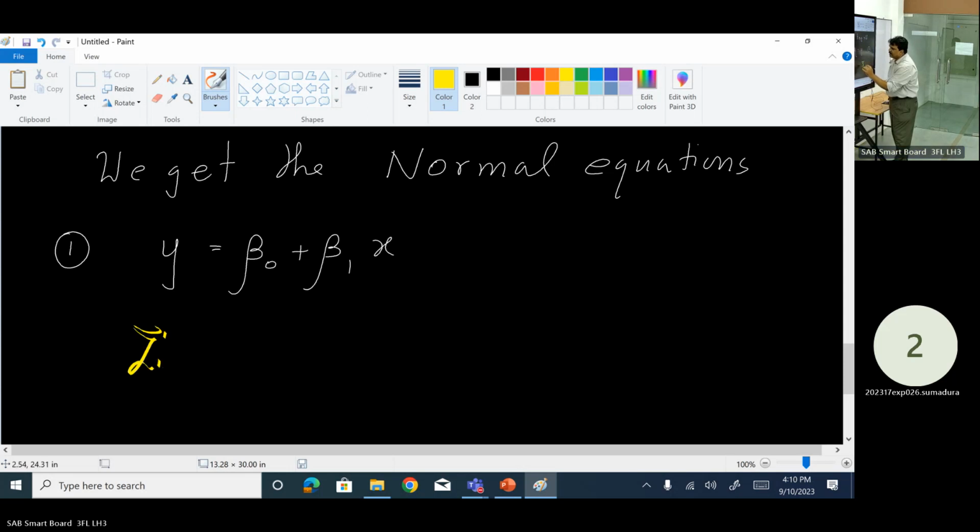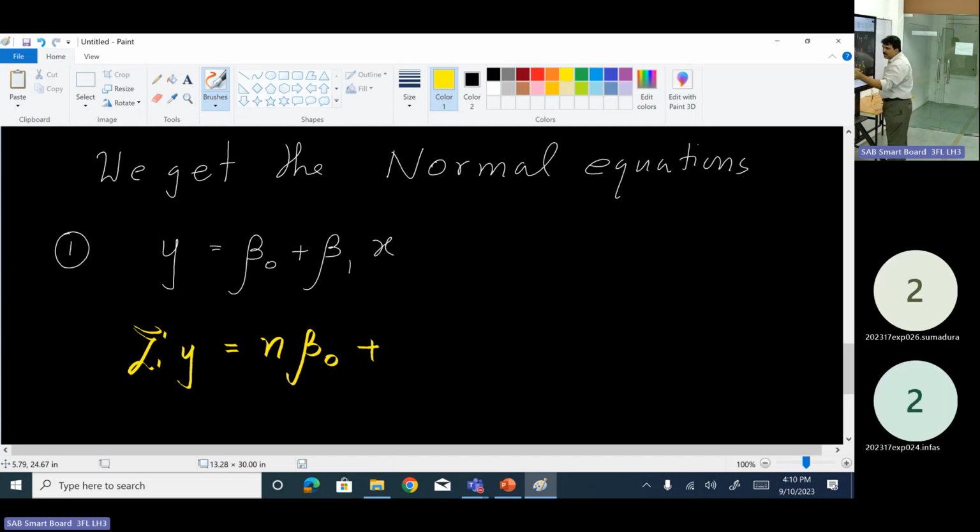Sigma Y equals, since it's just a constant, there will be n beta naught plus, here beta 1 constant comes out, sigma X. That's why I explained it to you with that example.